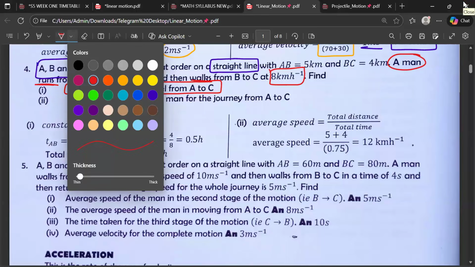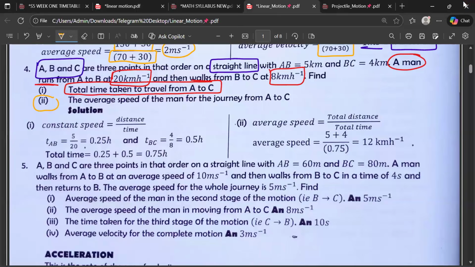Then here they asked, you see what they asked? They then asked for the average speed. People remember average speed, we are having the total time. And for average speed, what do you get? You get the total distance, which is 5 plus 4. Then you divide it by the total time and get the average speed.